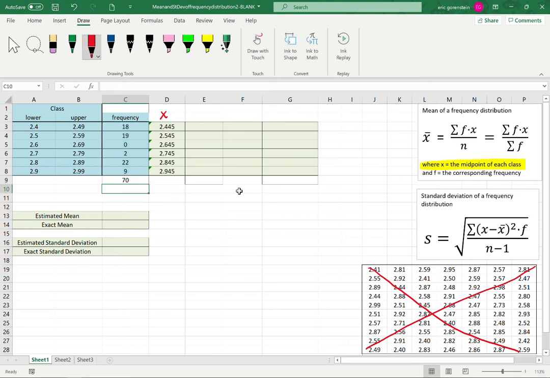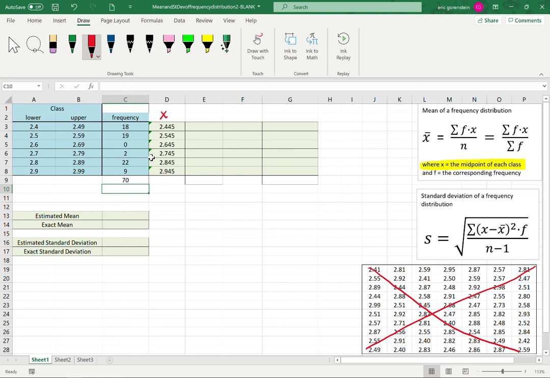Okay, so we have 70 numbers, 70 values in our set. And those 70 numbers consist of 18 copies of 2.445, 19 copies of 2.545, 2 copies of 2.745, and so on. Okay, so now we have numbers that we can add up and find the average of.